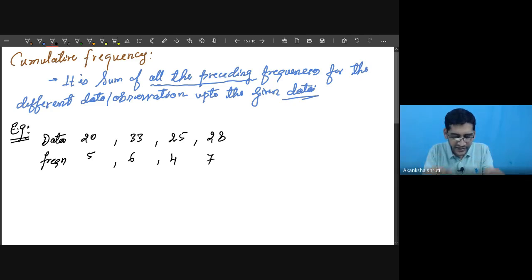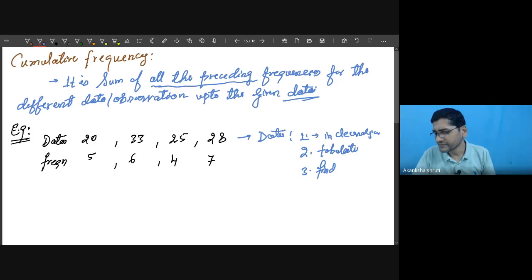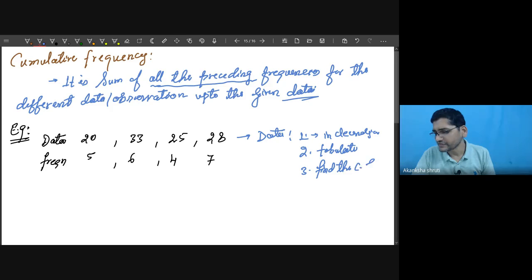Okay, student, it is like that. So the very first thing, these are the data or observations. We have to tabulate them in order, and then the next step is to find the cumulative frequency.